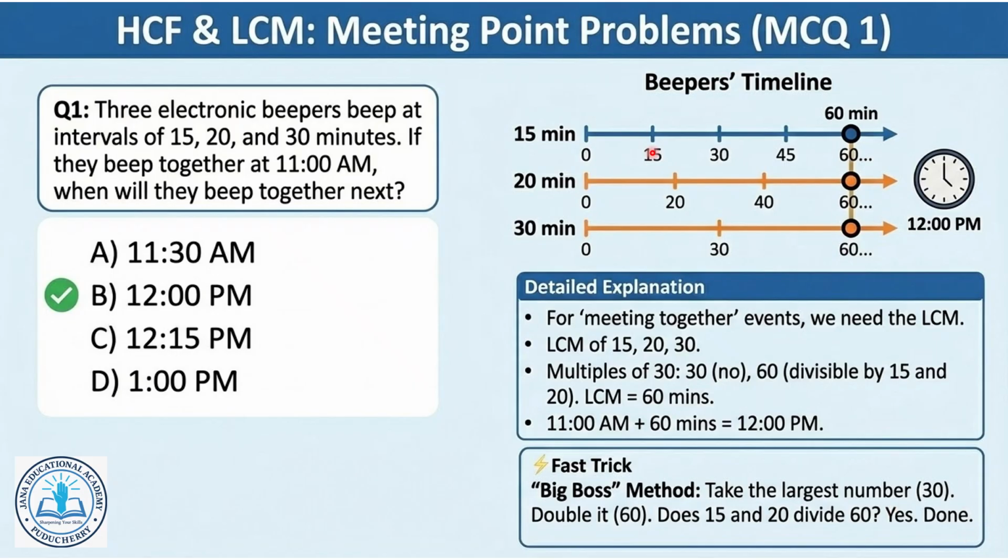Whenever an LCM problem like this is given, you can calculate using the big boss method. Previously we saw the cancel 3 method and the fraction method. We have to practice more kinds of problems, then only we can remember these methods.